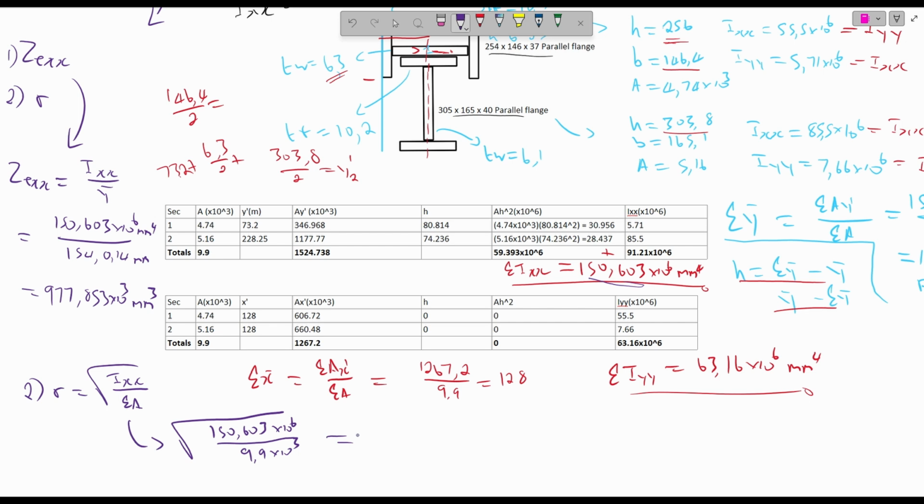And then you get 123.339. You have millimeter to the 4th and millimeter squared. One cancels. We are left with millimeter squared. And then the square root of that millimeter squared is millimeter.